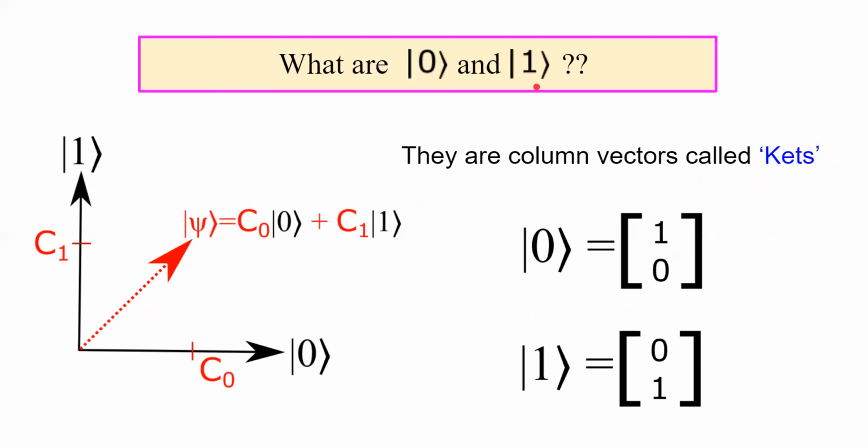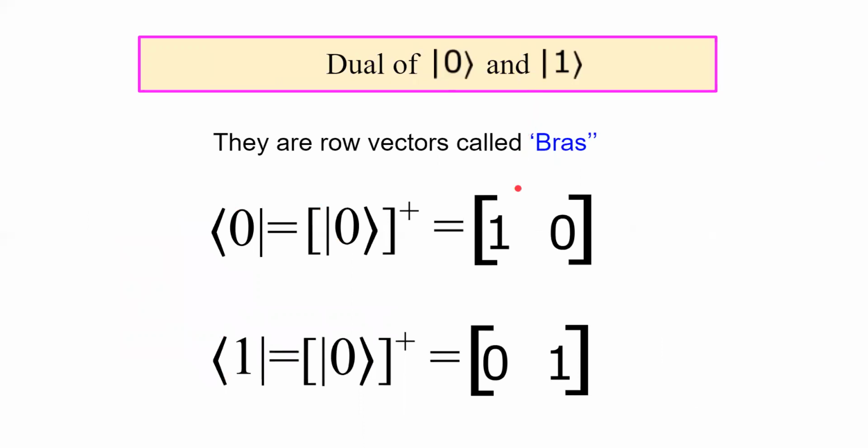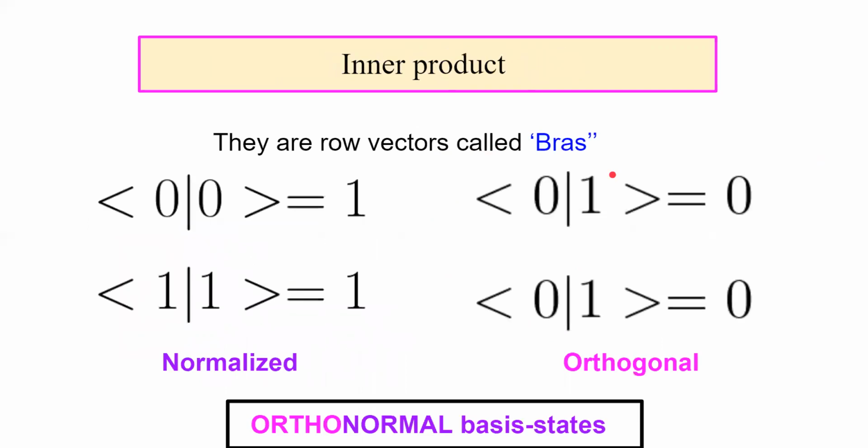Now the duals of kets are bras, which are row vectors that we get by taking the transpose of the ket and taking its conjugate. Since this consists of real elements, the conjugate part is not very evident here. It's only the transpose that makes any difference here. So these are kets and bras, a dual correspondence.